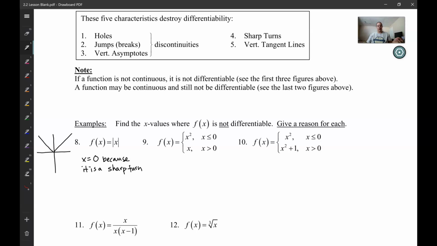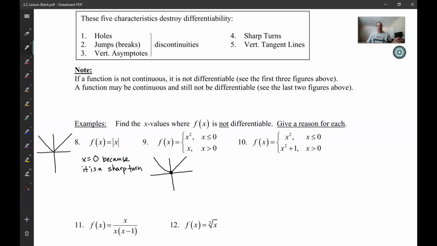Now let's look at this one. So if I think about this, I have x squared when it's less than or equal to 0, so that's going to be like that. And then I have x at x greater than 0, so a straight line like that. So if I look at this one, go through our 5 again. Do I have any holes? Nope, no holes because it fills it perfectly right there. Do I have any jumps?